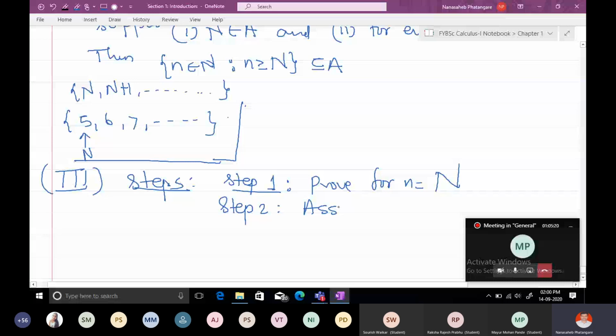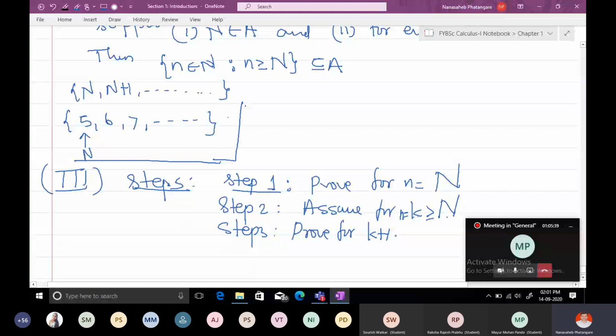Step 3: prove for k plus 1. Assume for n equal to k, which is greater equal n, and then prove for n equal to k plus 1.